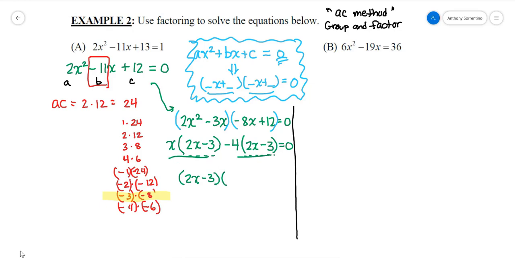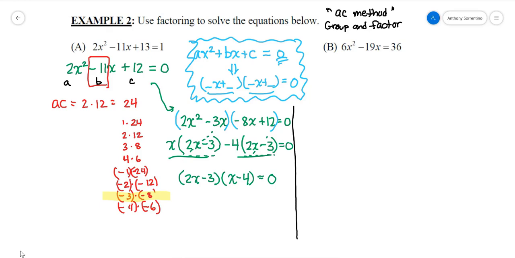And what I'm left with is the x and the minus 4, and now it's factored. So that's the factoring process. The left-hand side is now factored. So I've now been able to rewrite 2x squared minus 11x plus 12 as the multiplication of 2 binomial quantities.